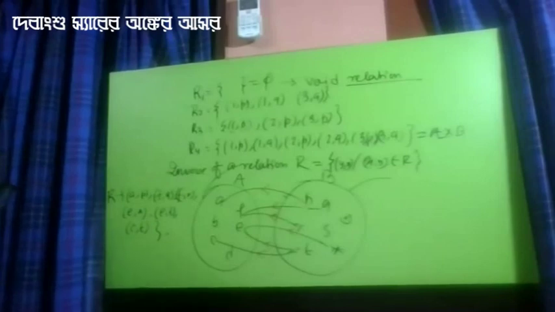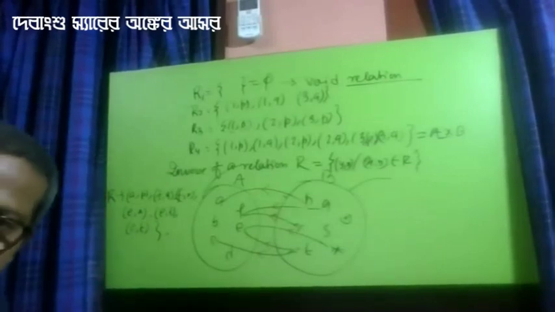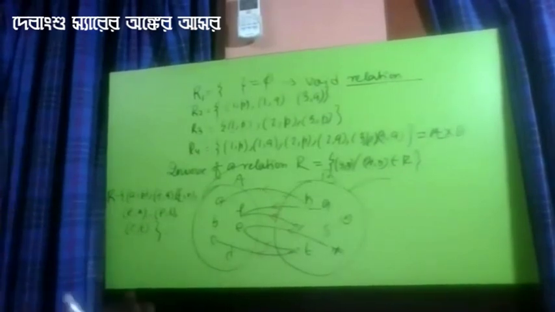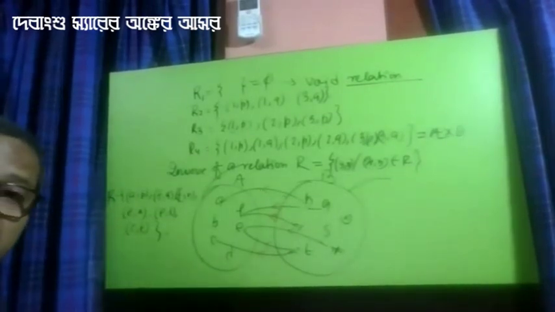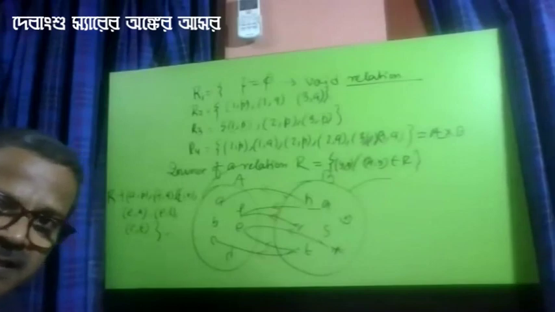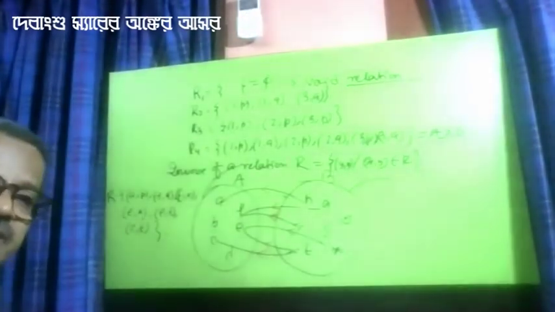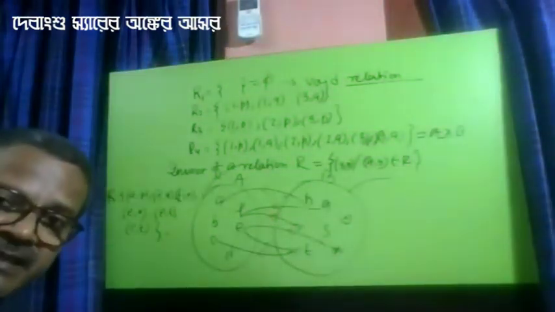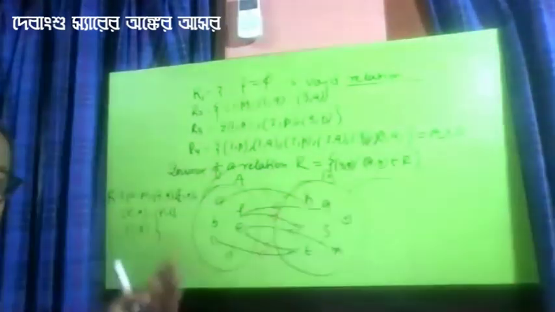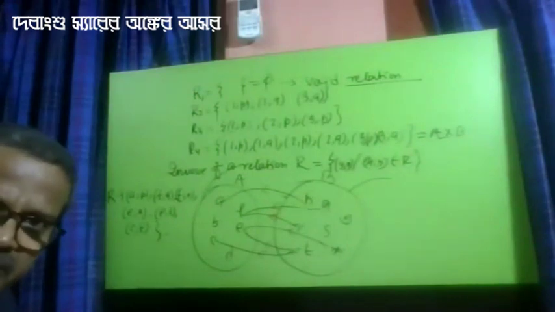Okay, so we learned about the product of sets. We learned about counting the number of elements of the product of two sets and the number of subsets of the product of two sets. And we defined the relation from a set A to B, and how many relations are possible.